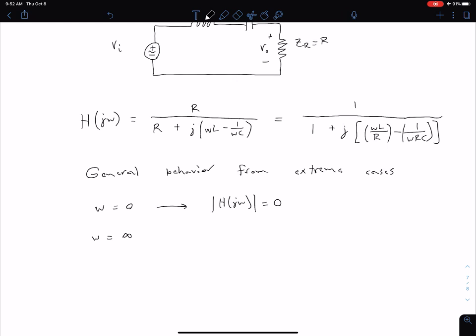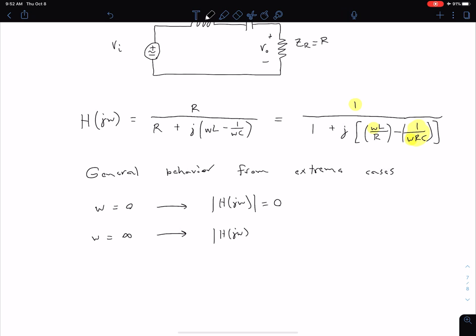Okay, well, let's look at our other extreme case, and you might see where this is going. If we have omega equals infinity, in this case we have 1 divided by infinity, so this whole term is going to go to 0. But here, our omega is in the numerator, so it's going to be infinity. We then have 1 divided by that infinity, so again, we're going to have 0.